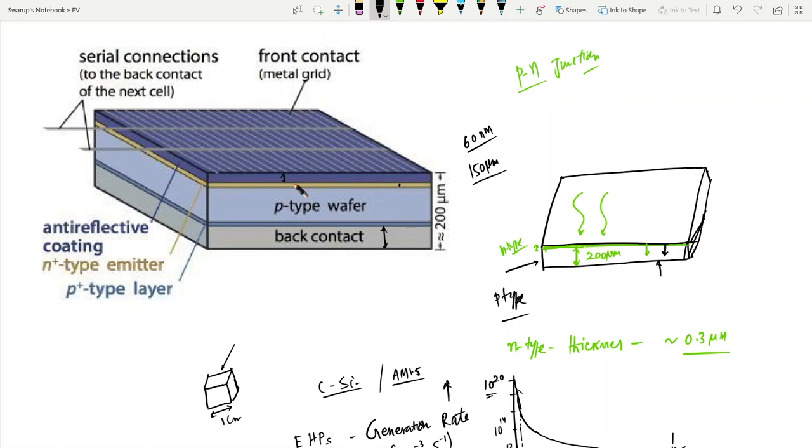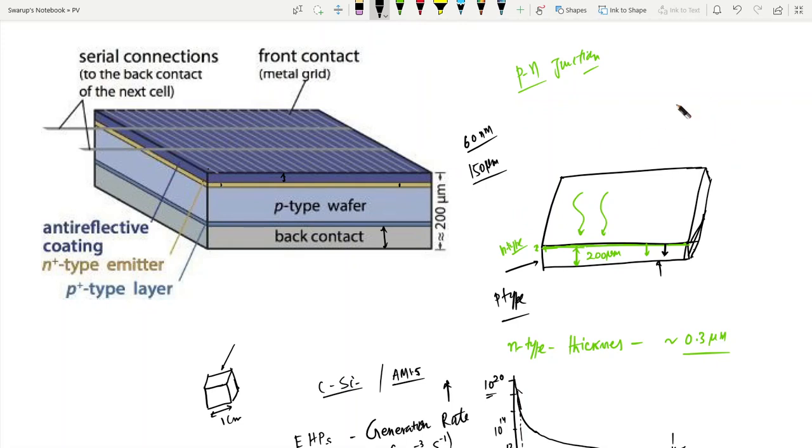Okay, now what do we have? We have the P-type wafer here, right? And then we have the N-type layer. So the yellow one is the N-type layer, and then we create one N plus just on top of the N-type layer, I mean N plus between the metal and N-type.